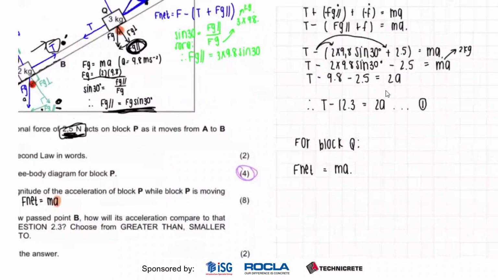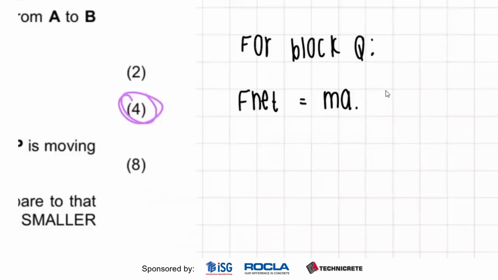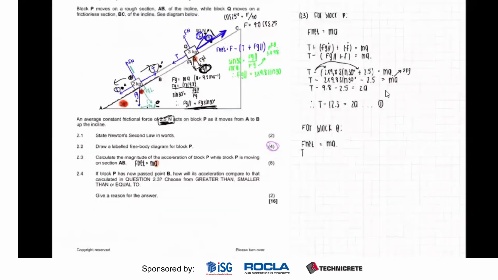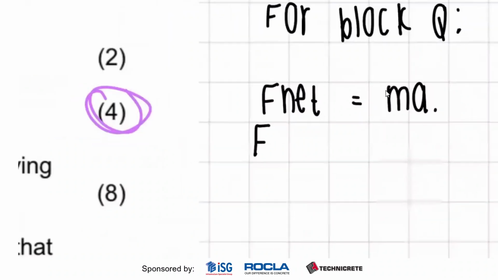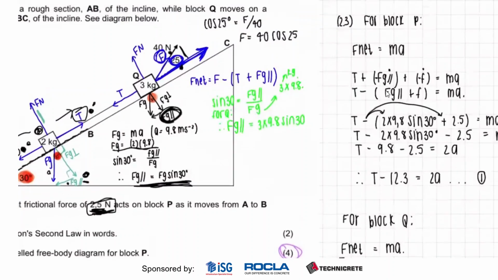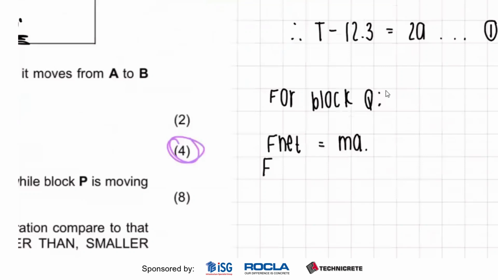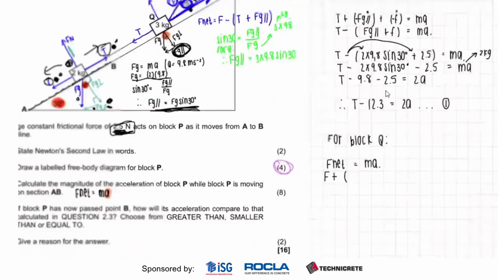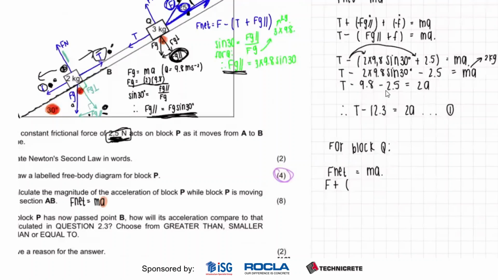Okay, so now for block Q, the F net is, oh sorry, not T, it is the force that the block is being pulled up by, that we just worked out, this one over here, and plusing the parallel force of gravity that's working down the slope, force of gravity parallel, plus the tension.